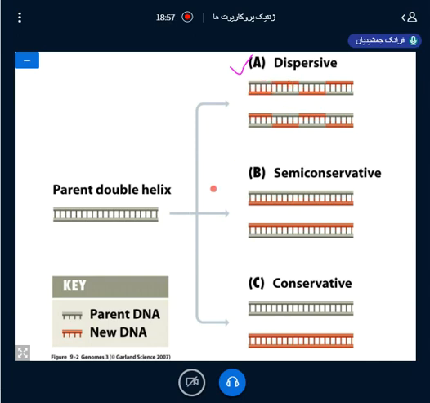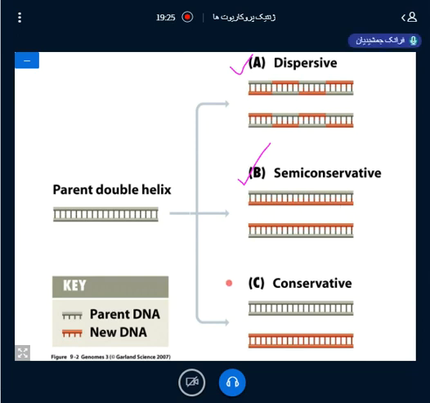We had another theory, it was semi-conservative. What does semi-conservative mean? Semi-conservative means that we have one older DNA and one new DNA. It means we have one strand of mother DNA and one strand of daughter DNA.